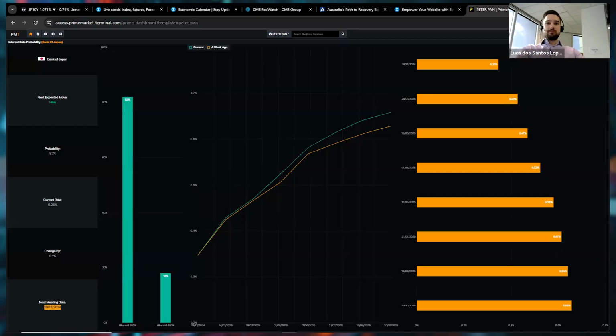So, however, this probability may decline if the Bank of Japan does not articulate a stronger case for action soon. Meanwhile, there have been some verbal interventions from Japan's Minister of Finance, I can't pronounce his name. I think it's Katsunobu Kato, Kato is his surname. It's this guy here.